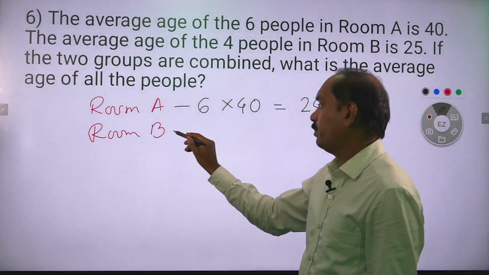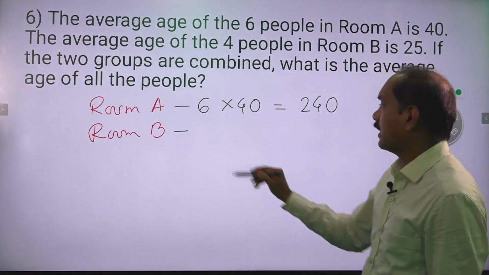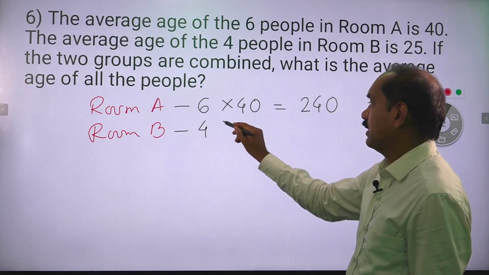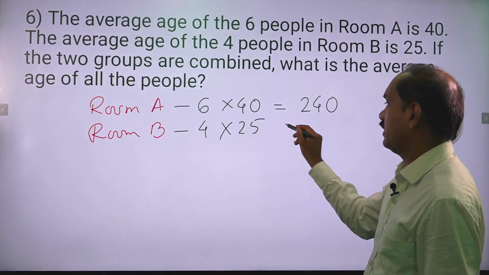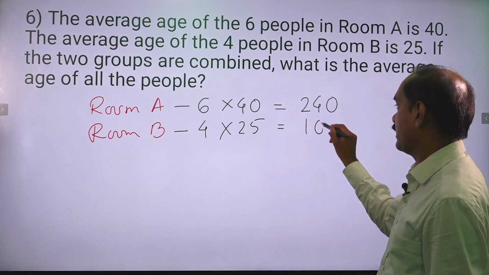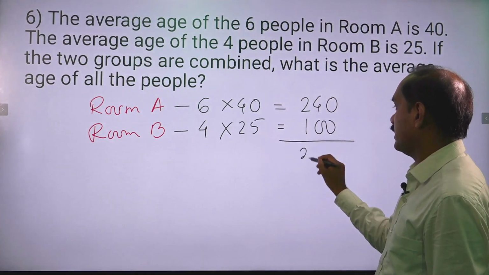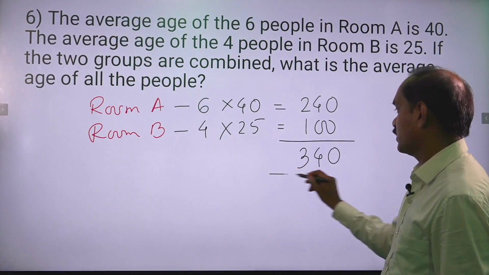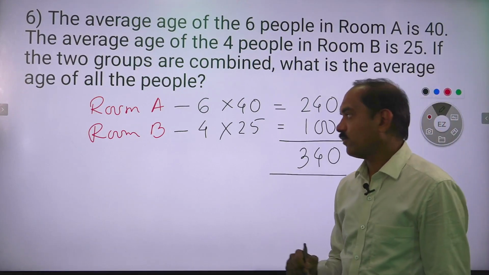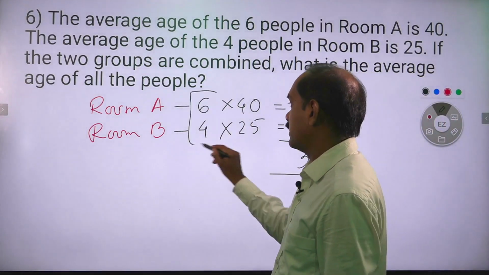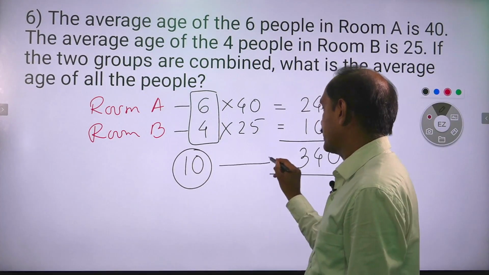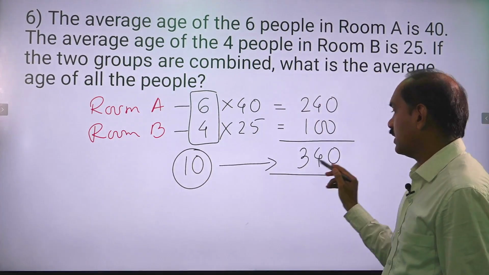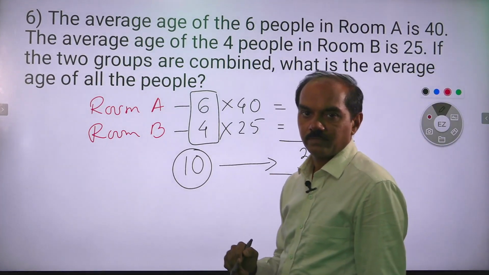Coming to room B, there are 4 people and on average each is 25 years. 4 twenty-fives are 100. Total it is 340. And how many persons are there? 6 plus 4, 10 persons. 10 persons, total age is 340.